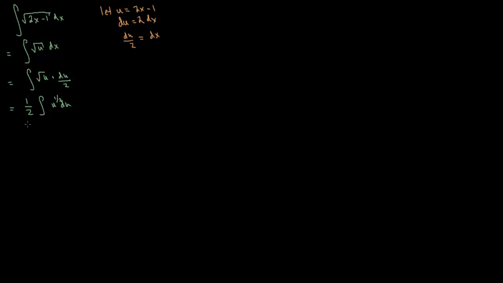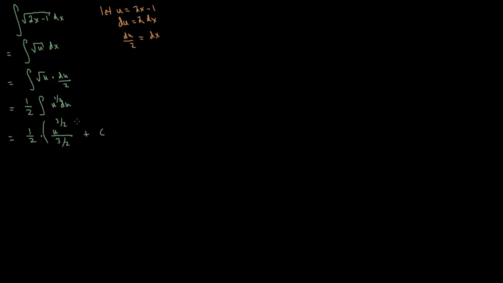And now that's pretty easy to take care of. So we have a 1/2. What's the antiderivative of u to the 1/2? Well, we increase the power by 1 and divide by that new power. So it's u to the 1/2 plus 1, which is 3/2, divided by that new power, which is 3/2. We have to add that plus c, of course.